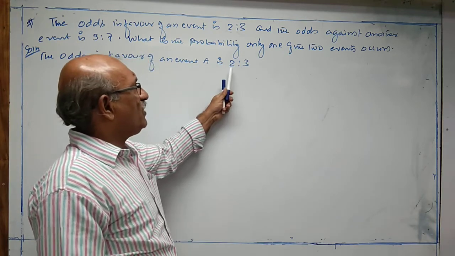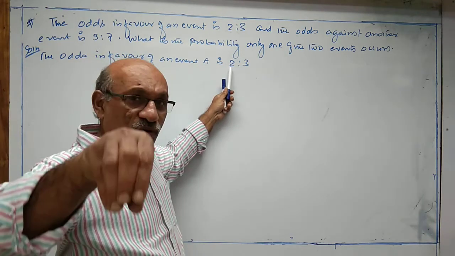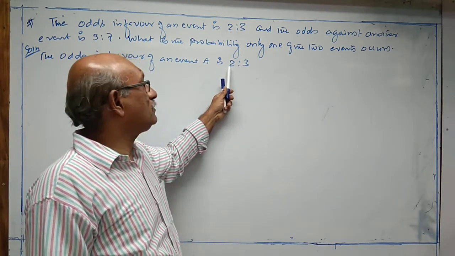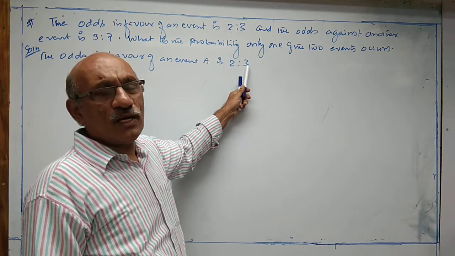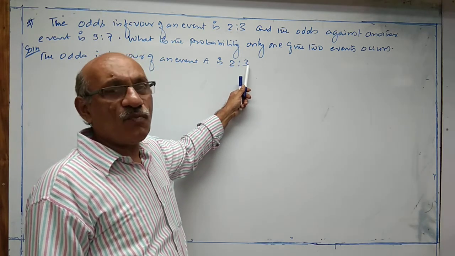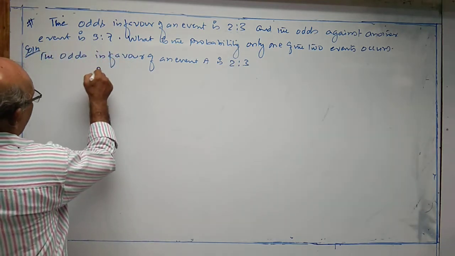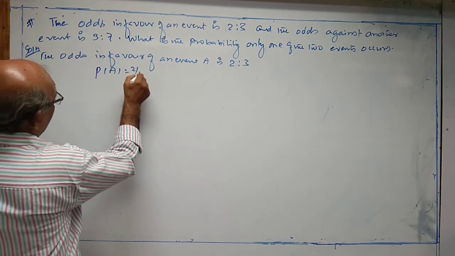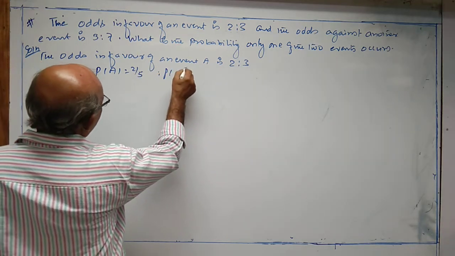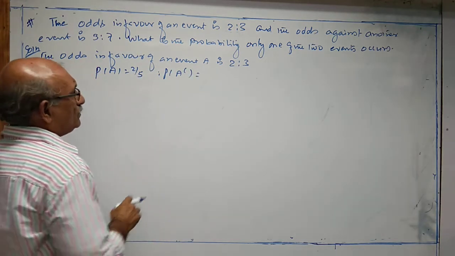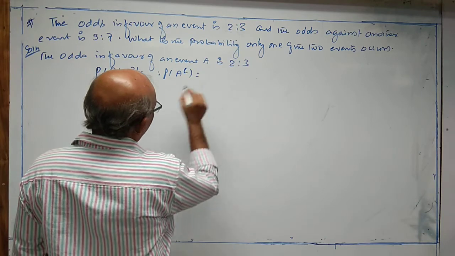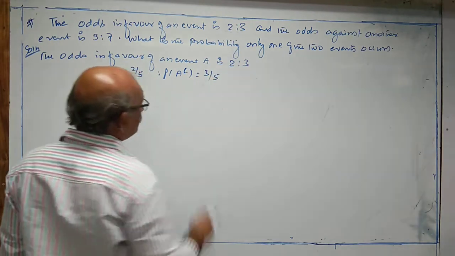Out of those 5 cases, 2 cases are supporting for happening of an event, and 3 cases are not supporting for happening of an event. So probability of A is equal to 2/5. Probability of A complement is 3/5.